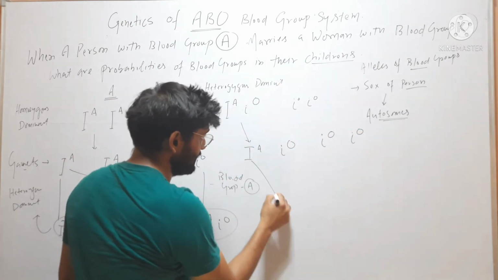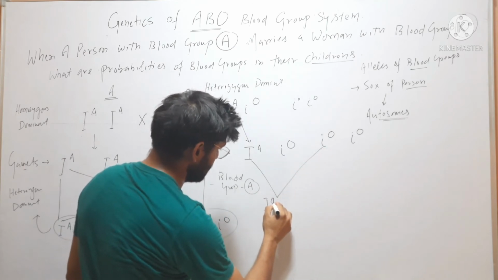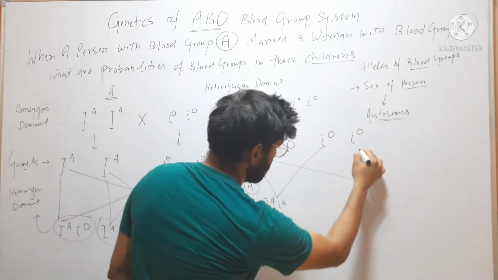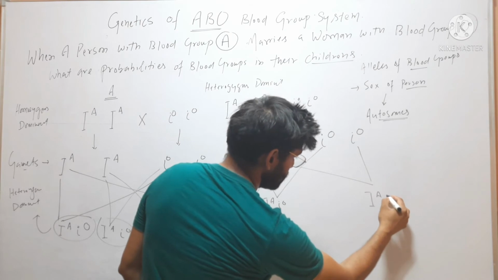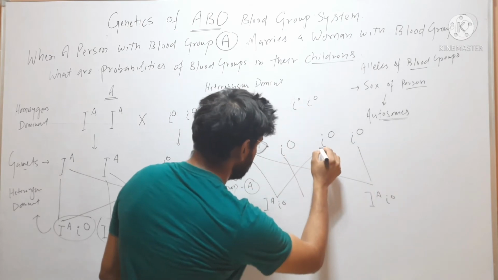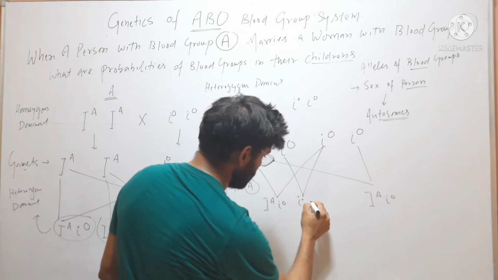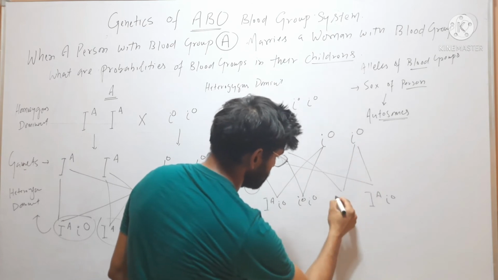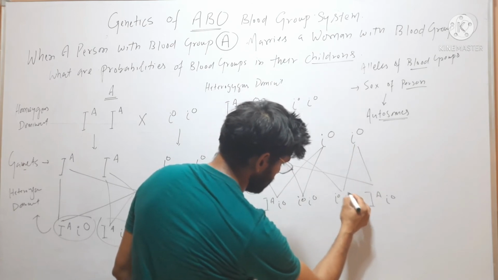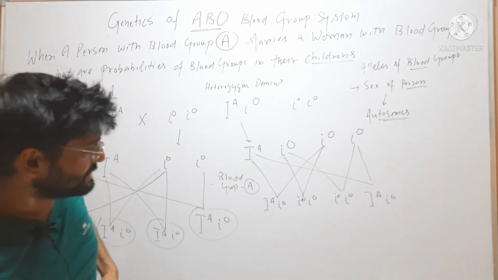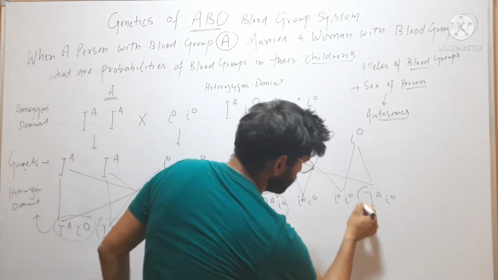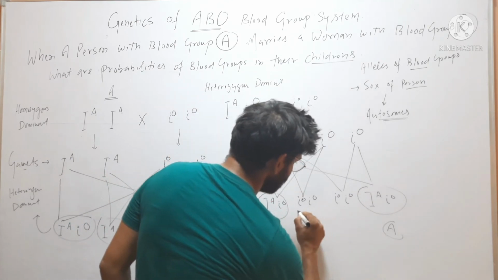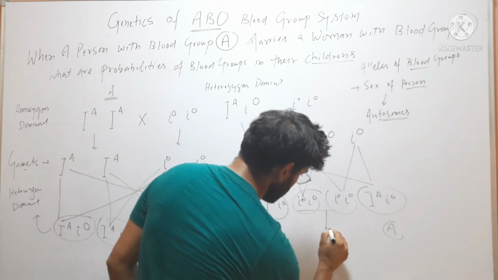When we combine these alleles, we will get IA i naught, IA i naught, i naught i naught, and i naught i naught. In that case, we can see that two children have blood group A and two other children have blood group O.